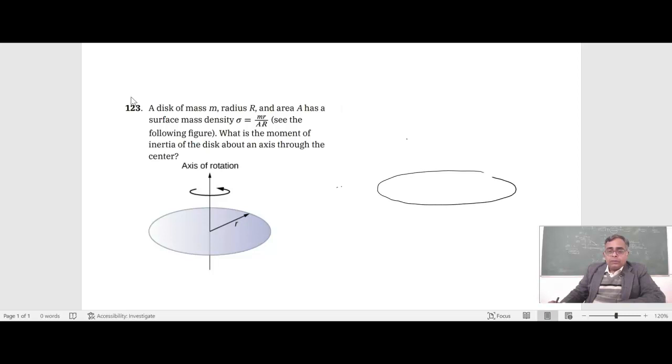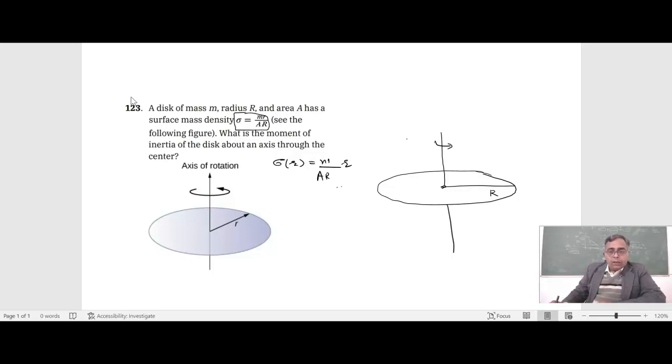This is the disk, the radius of the disk is R, and the axis is passing through the center of the disk. This disk has to rotate about this axis. Sigma depends upon r, meaning sigma is a function of r, mr by AR.